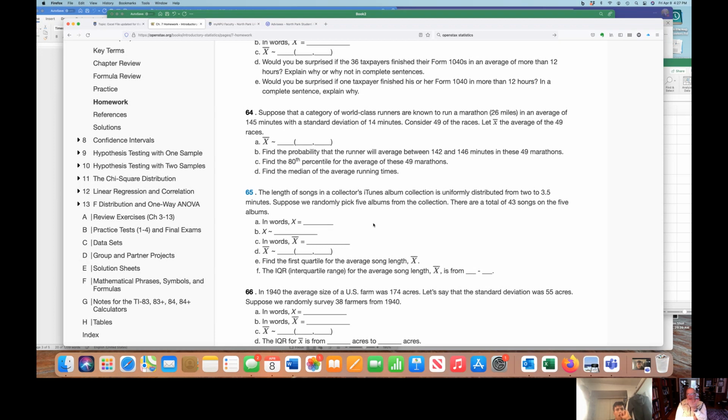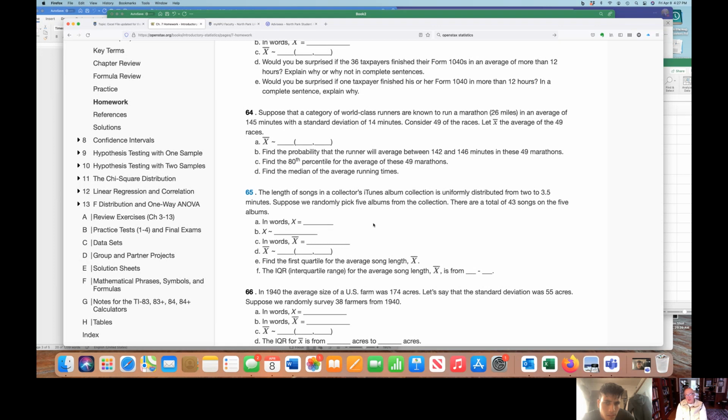So all the marathons these people have run, world-class, however you define world-class, is 145 minutes with a standard deviation of 14. Now they're taking 49 races. Now we're going to ask questions about the average of those 49 races.